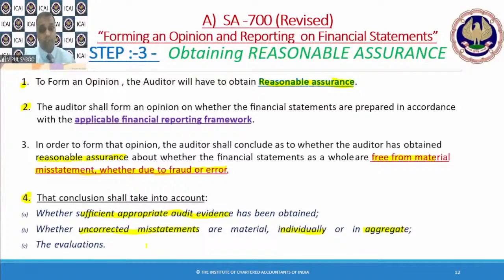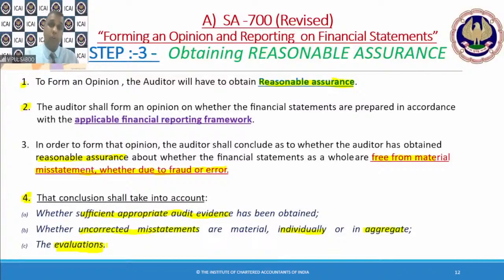Further, his evaluations of the same. Evaluations means he has to evaluate, come to a final conclusion. Everything, the positives, the negatives, the pros and cons of every kind of facts and figures he came across during the audit.